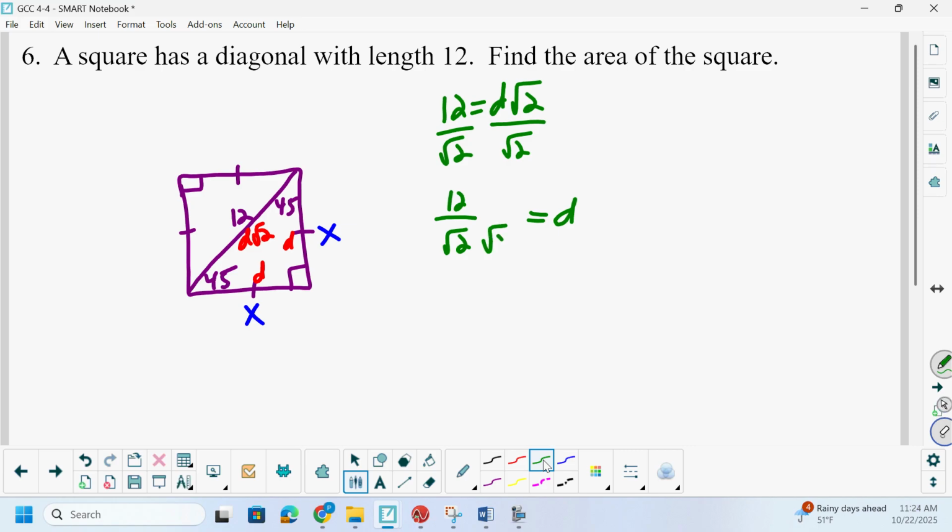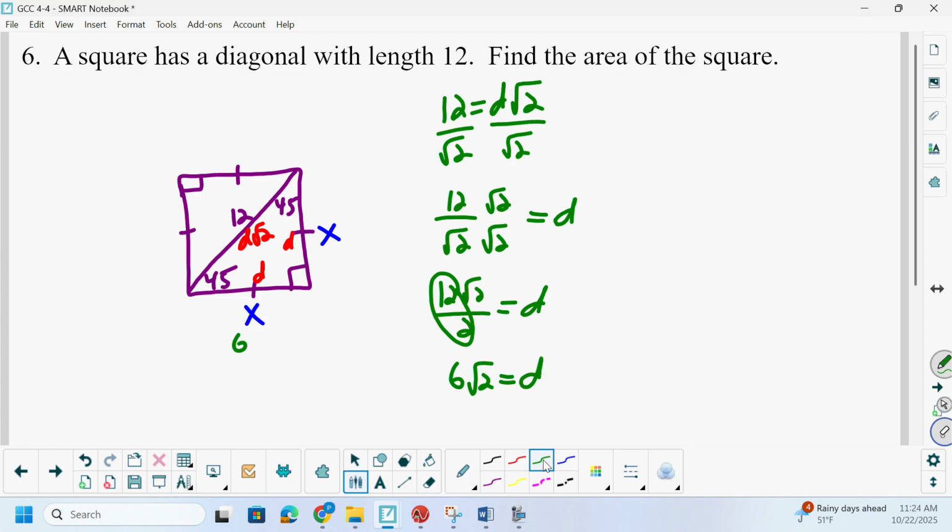We'll multiply top and bottom by square root of 2. So that gives us 12 square root of 2 over 2 equals d. And the numbers not under the square root, we'll divide them. We get 6 square root of 2 for d.